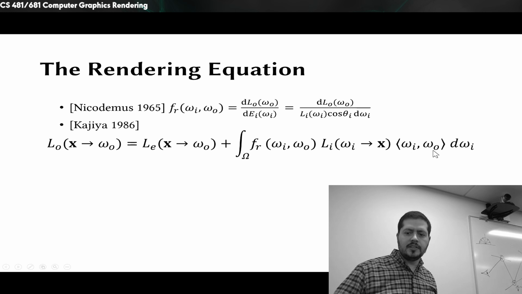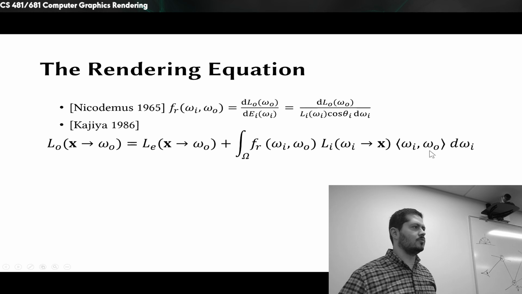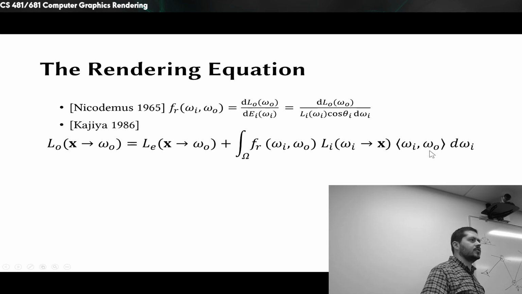This last part here, we use these angle brackets to represent the positive dot product. We don't want things that are less than 0. Because we're not concerned with light underneath the surface, we're going to ignore light coming in from the bottom. So this says take the maximum of the dot product and 0.